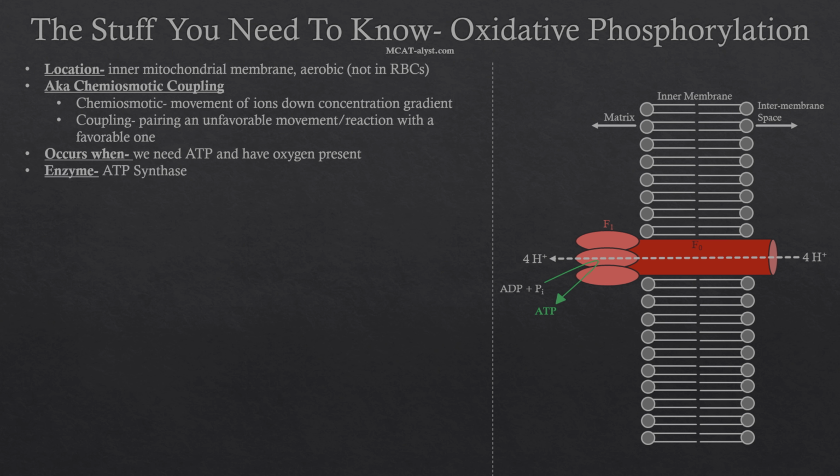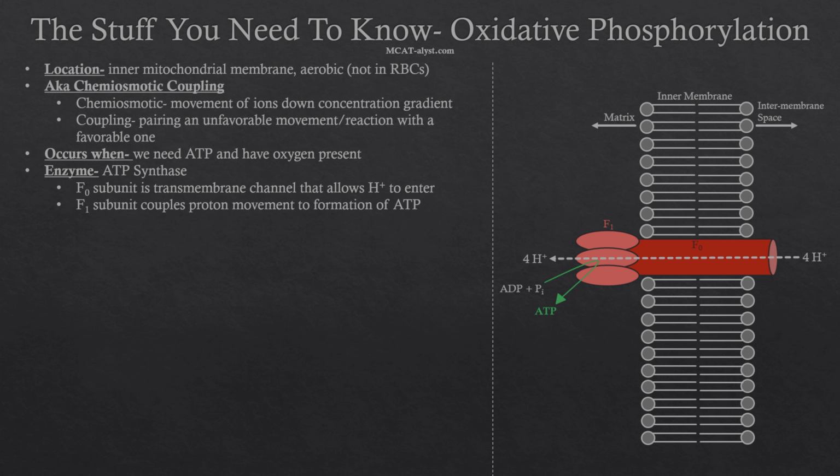The enzyme that is going to be doing this process is called ATP synthase. It has two subunits that you just need to know a tiny bit about. It has the F0 subunit, which is going to be a giant transmembrane channel. It's basically just a tube that is going to allow only these protons to enter the tube and go from the intermembrane space where they have a high concentration down their concentration gradient into the matrix.